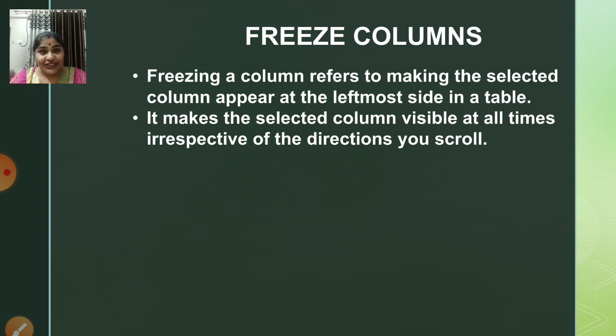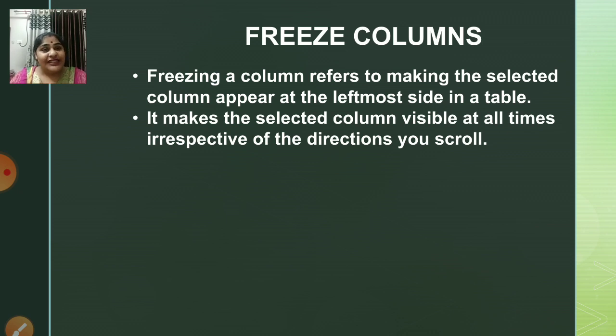If you freeze it, children, that column will appear at the leftmost of the table, and whenever you scroll left or right, it doesn't make any difference to that particular column. It will stay on the leftmost side of the table, visible when you scroll also.